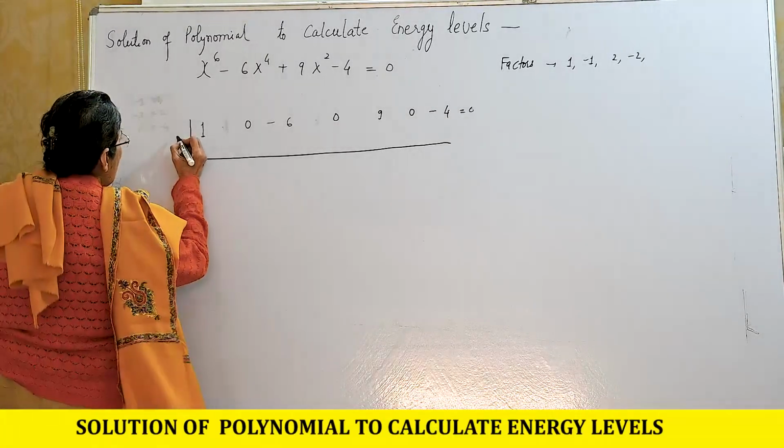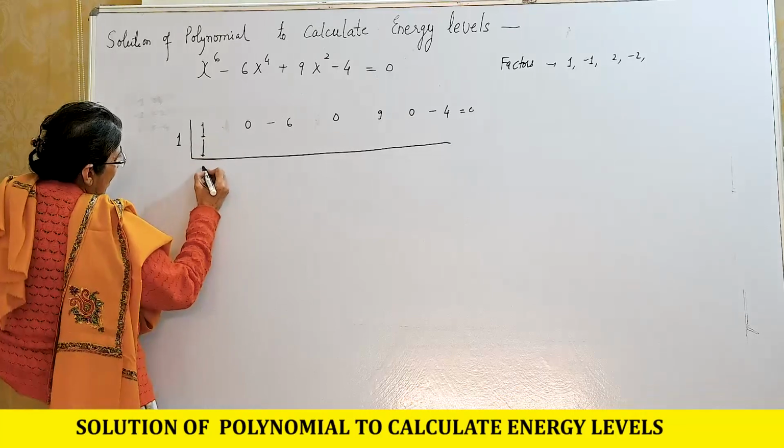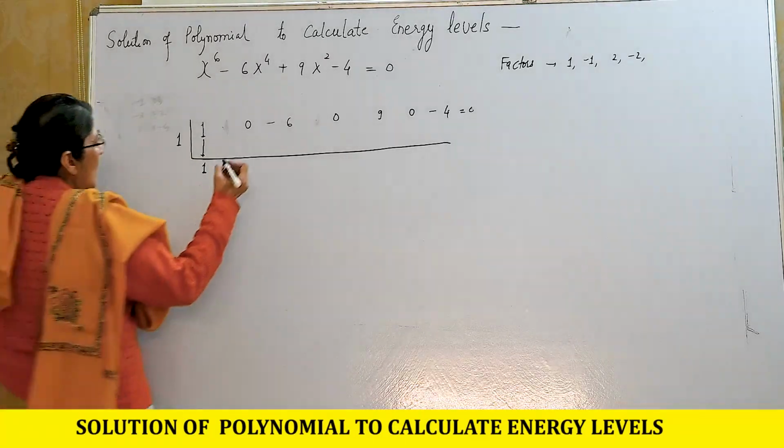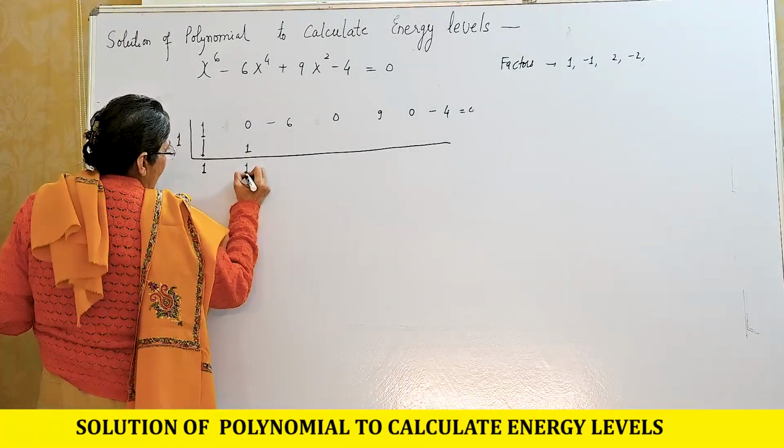So suppose the first factor is 1, and we write down 1 as such. This 1 into 1 is 1, and adding we get 1.